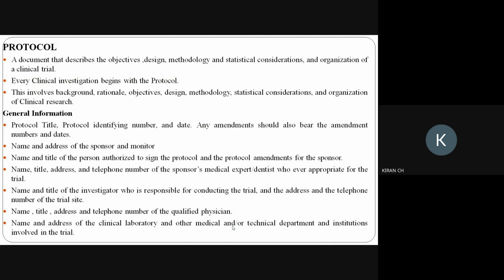That's the reason, in most of the big studies they will involve a central lab only, because a central lab will have its own branches in different cities, and they'll maintain the same lab ranges wherever the location is. They'll have their own standards, the same methodologies, the same value ranges. That's the reason in most of the studies we'll take central labs only. So the central lab details also we have to mention in the protocol.